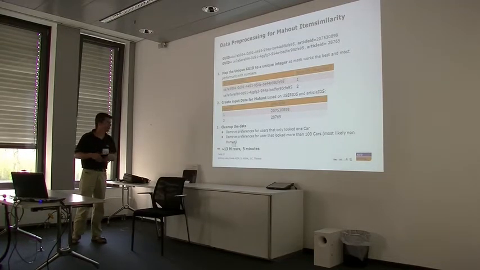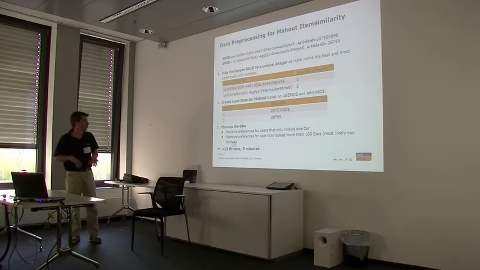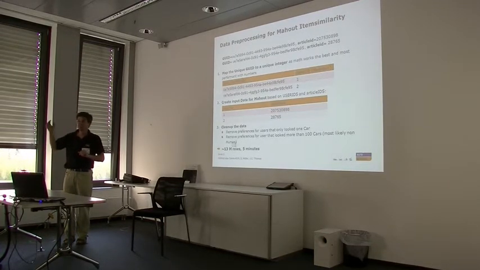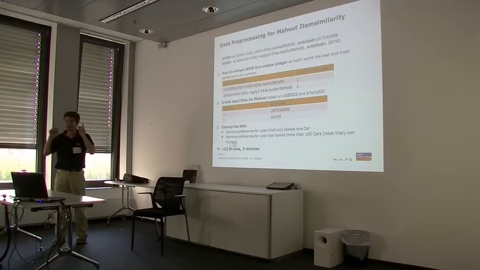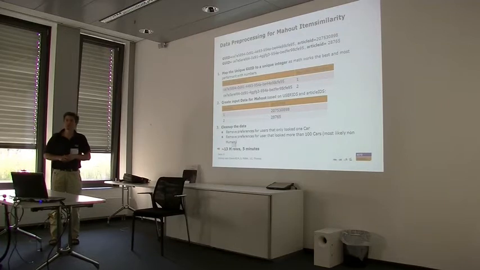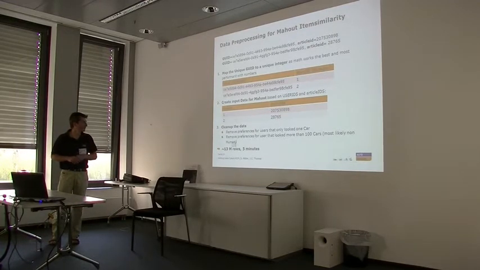You also have to maybe clean up the data. You don't want, for example, a user who looked at a lot of cars. It doesn't seem understandable that a user is looking at 100 cars. Sometimes there are robots which are loading the pixel, and you can filter them with a supplementary pre-processing.